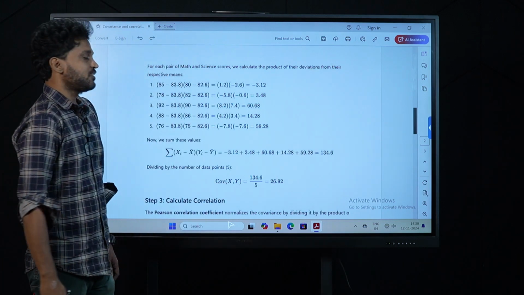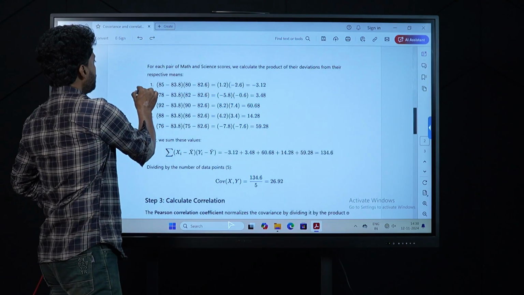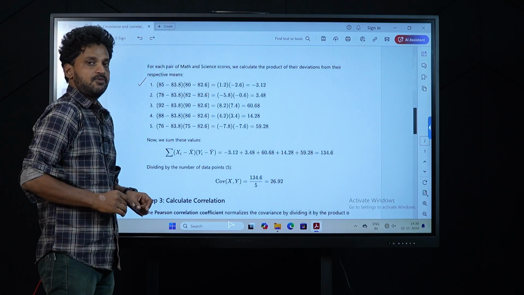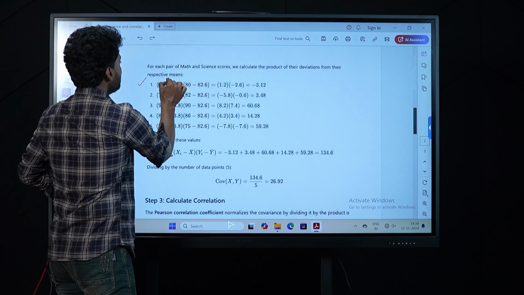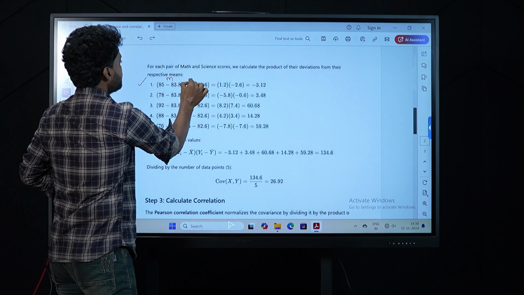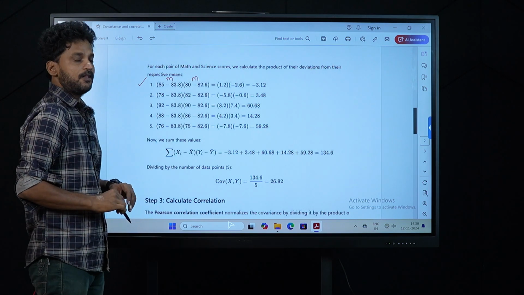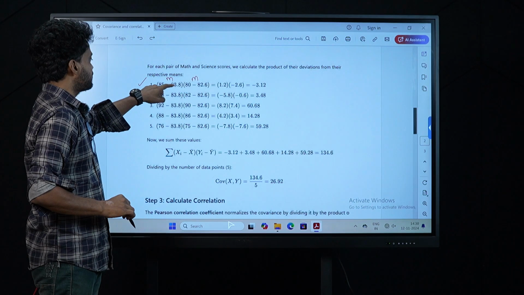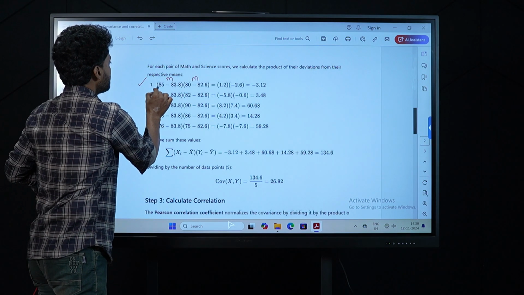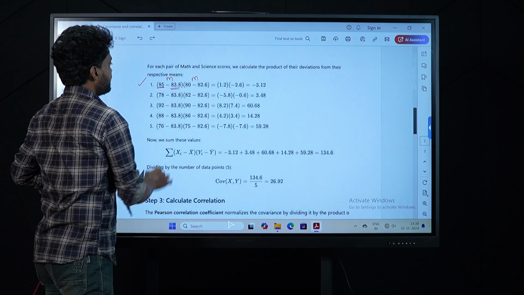Now let us take the product for each independent term. In the first step, I calculated the mean of the first variable in maths and the mean of the first variable in science. You take the first variable and subtract the mean from it. The first variable is 85, the mean is 83.8.